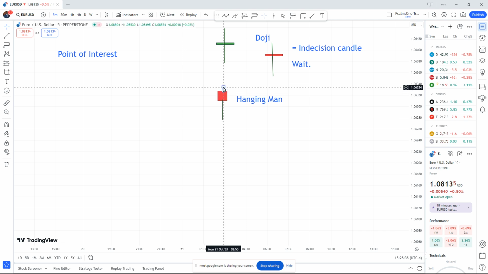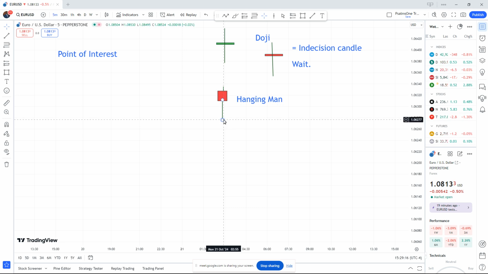You know that people that hang themselves, the legs will be downward and then the head and the body. So it will be like this.